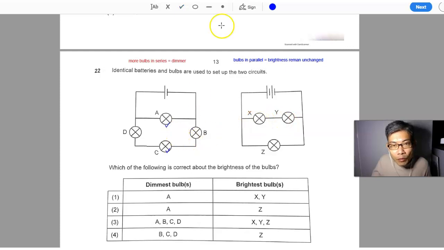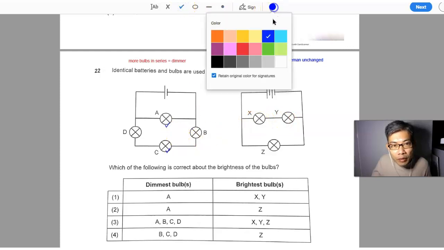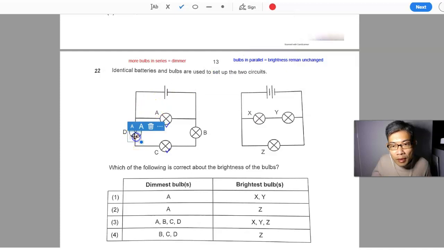Okay, and what are in series? Well, D, C, B are in series. Current flows like this. So I will say that these three bulbs, B, C, D, are dim. Now how about here?